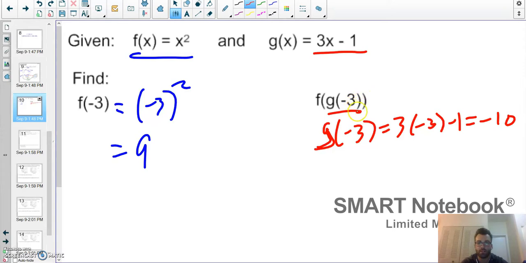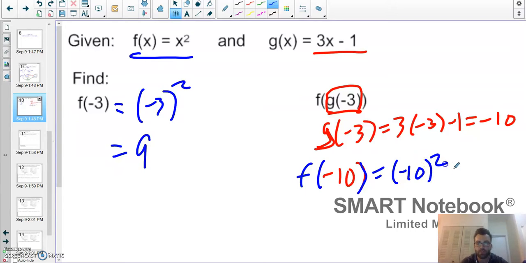So now, instead of g of negative 3, I just found out that g of negative 3 was negative 10. I want to find f of negative 10. F of negative 10 should give me negative 10 squared, which is 100. So my answer is 100.